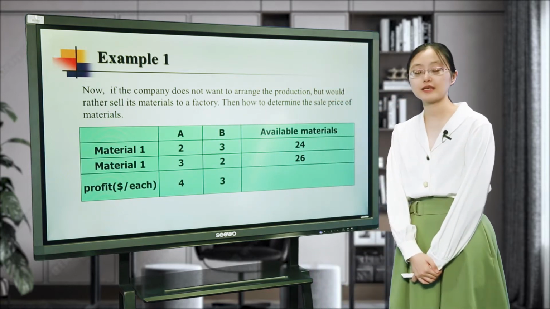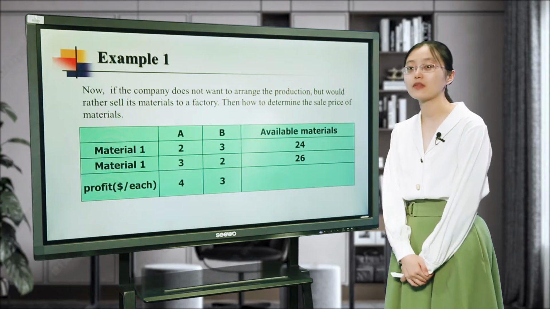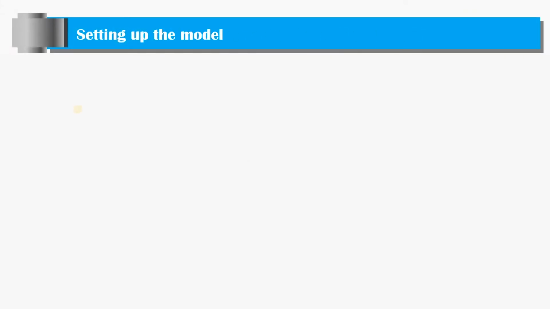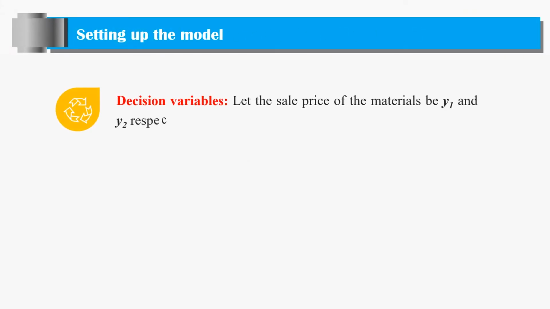In order to set up this linear program problem, again, we think about, first, what are the decision variables? We want to determine the sale price for the materials. We have two types of materials. So we let Y1 and Y2 be the sale price for each material respectively.